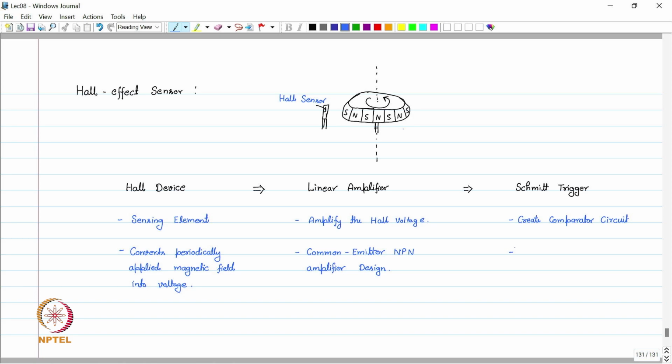It creates a digital pulse based on the amplified Hall voltage.